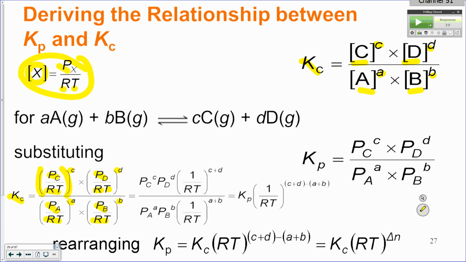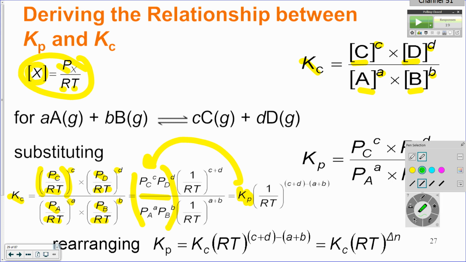What I can factor out are all these partial pressures. Okay? So this ratio of the partial pressures is the definition of what we said Kp was on the previous page. So everything inside the parentheses here equals Kp. And then on the bottom, what I have are the right-hand side of the equation. It's the inverse of RT raised to the c plus d power divided by the inverse of RT raised to the a plus b power.